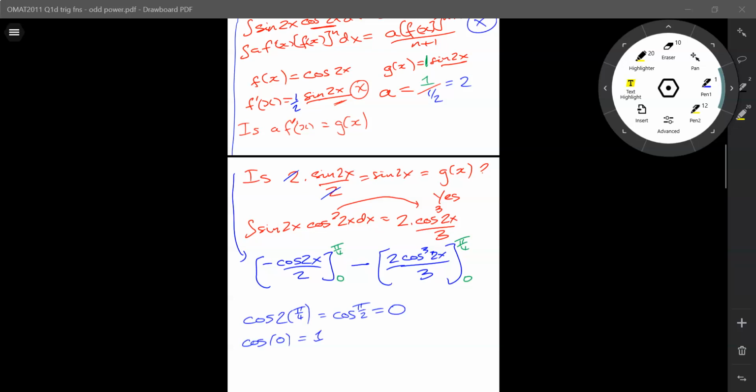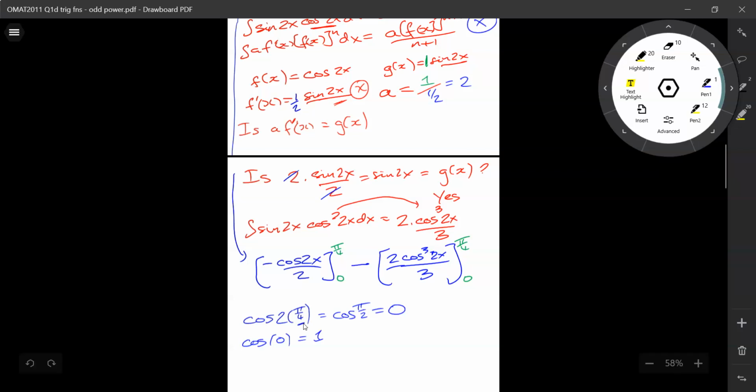If you look at this one, we're doing the definite integral. Before you start doing it, it's more convenient just to work out, plug in the upper limit into cosine here. So cosine of 2 times pi over 4. The 2 goes into 4 twice, so it's the cosine of pi over 2, which is 0. The cosine at 90 degrees is 0.